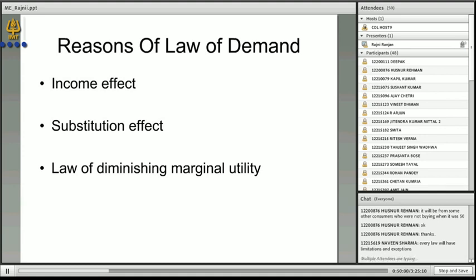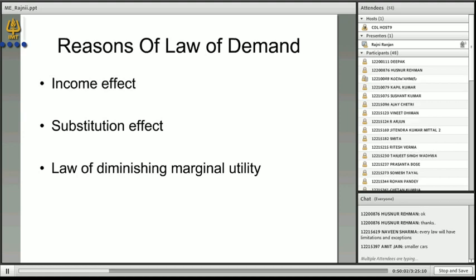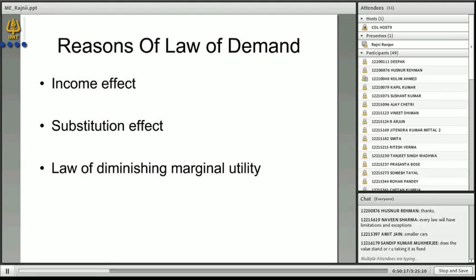For example, if we carry forward the same example of apples, suppose pears are a close substitute to apples. For me as a consumer, I consider both more or less equal, and I feel both have nutrition values.